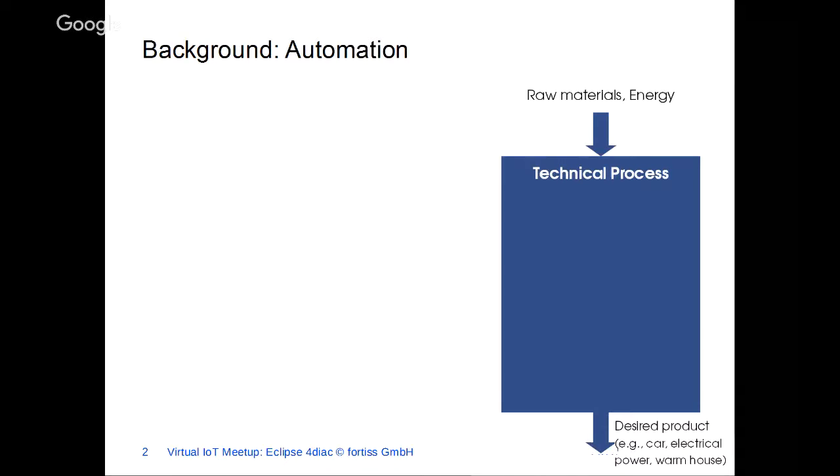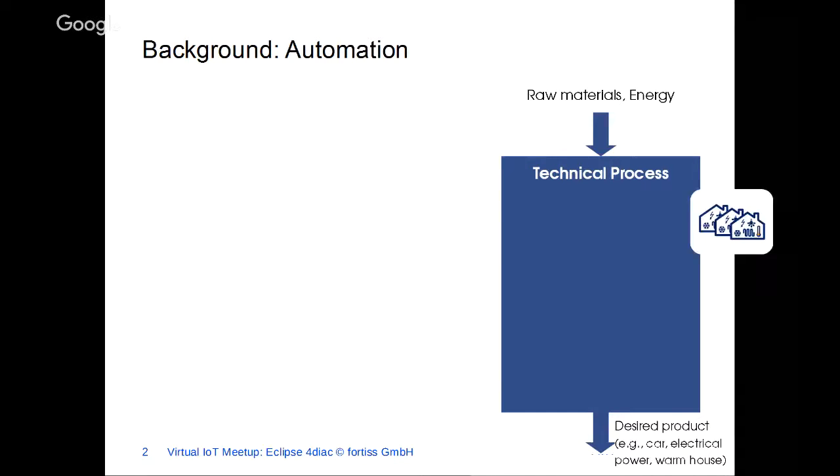If you think what could be a desired product, it could be the car you are driving. I'm living not far away from a car production plant here in Munich. So this could be one of these technical processes, but it can also be electrical power if you think of a power plant or a power grid, or a warm house.